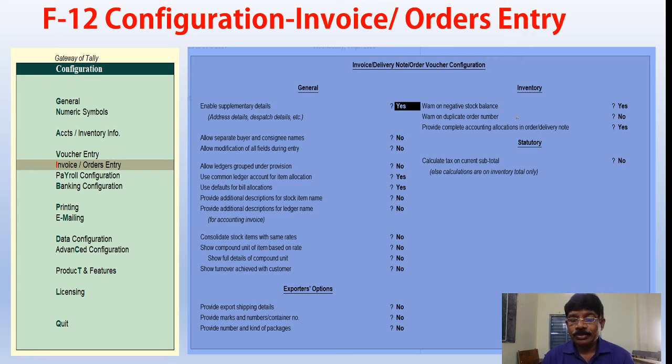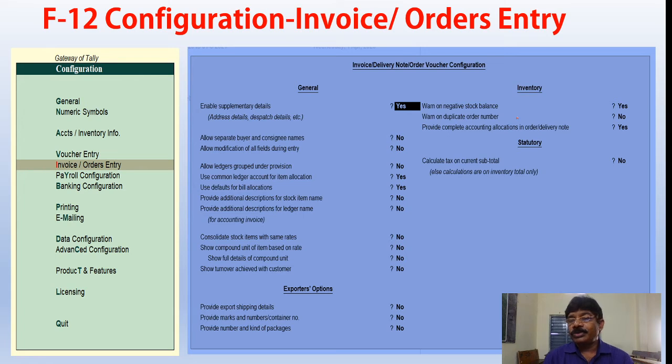Exporters option: if we have a shipping or exporting business, then details of exporter. Provide marks and numbers, container, and provide number and kind of packages. If such a company is using it, then they can have more knowledge regarding those.